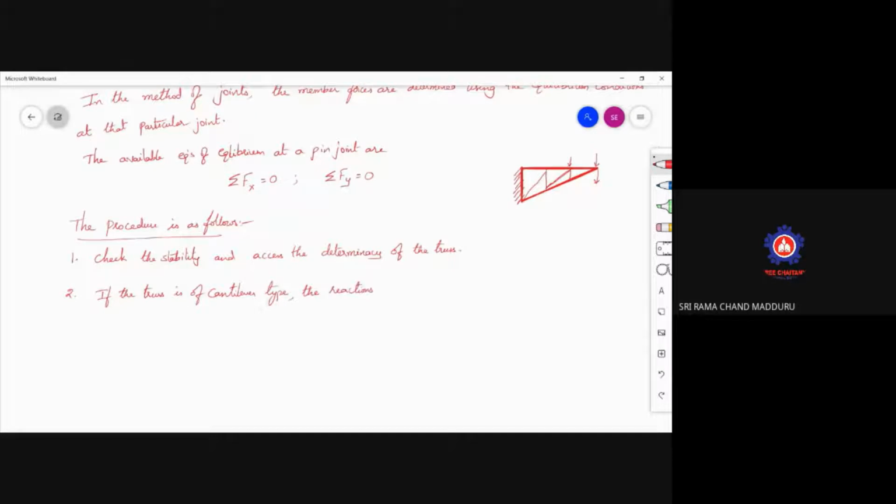Reactions need not be computed. Determine the reactions of the support.